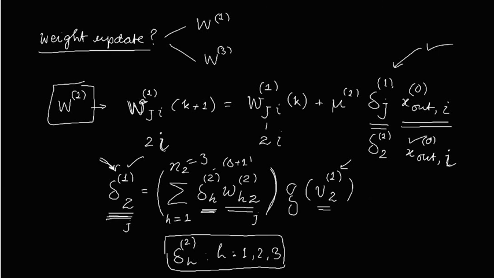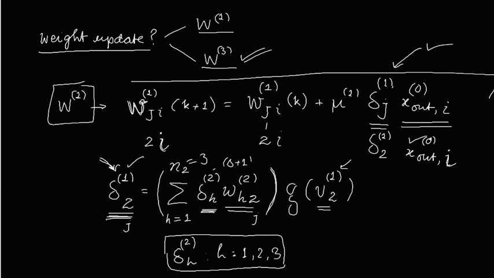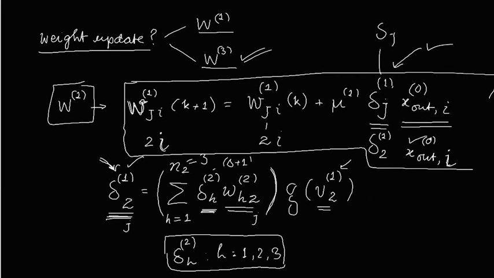This means that we will have to start from W3 and use this formula there, and if we use this formula, then here we will be getting delta J3, and using that we will be updating our W3.